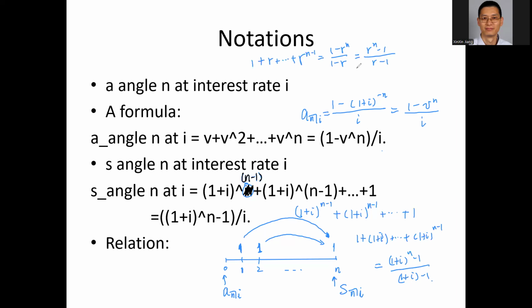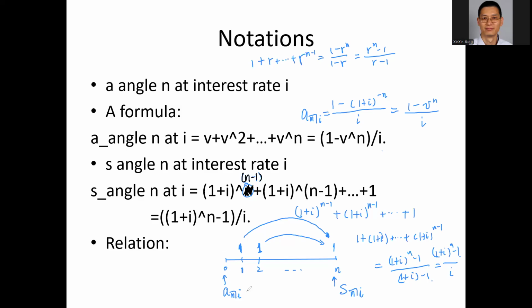Obviously, they are the same. When r is greater than 1, sometimes I prefer this, but it doesn't matter too much. So the bottom is i, and the numerator is (1 plus i) to the n minus 1. Okay, so we have these formulas.